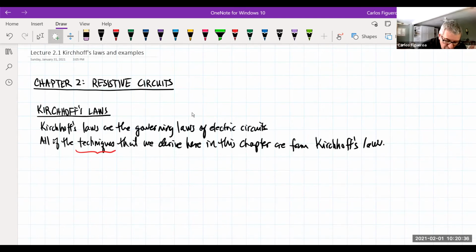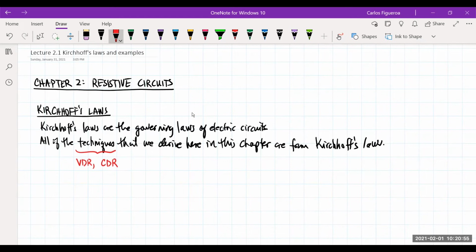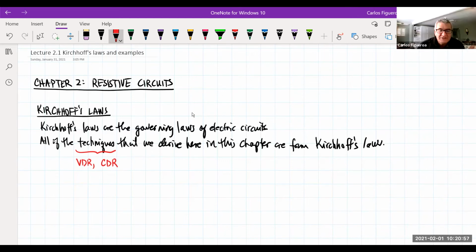In this chapter, we're going to use the voltage divider rule and the current divider rule, and man, do they make stuff a lot easier. Then in chapter 3, we're going to get into very powerful techniques where we rewrite Kirchhoff's laws into a usable way, called mesh and node theorems.